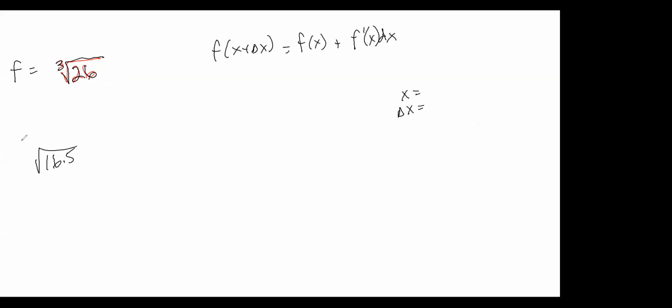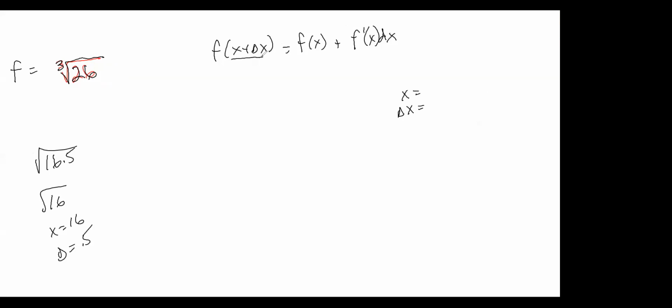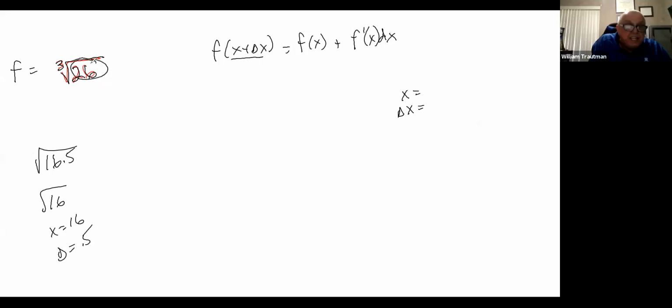So I had to find a perfect square, and 16 was the perfect square. So x equaled 16, and the change of x equaled 0.5. Right? Understood. These two have to add up to whatever's in the radical.